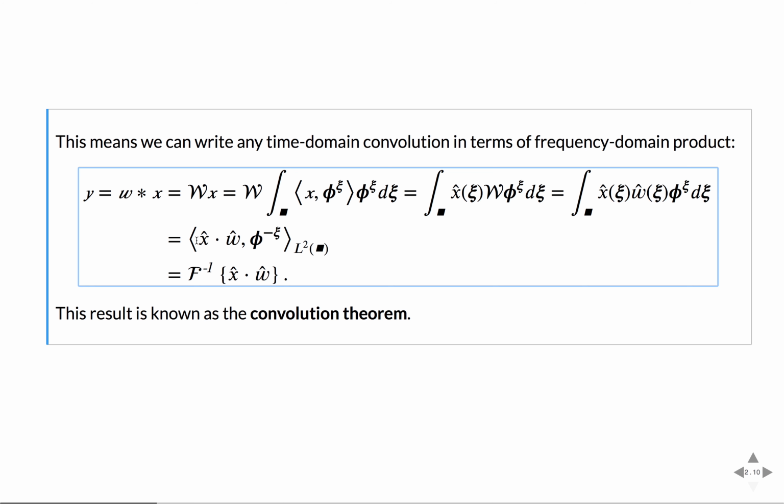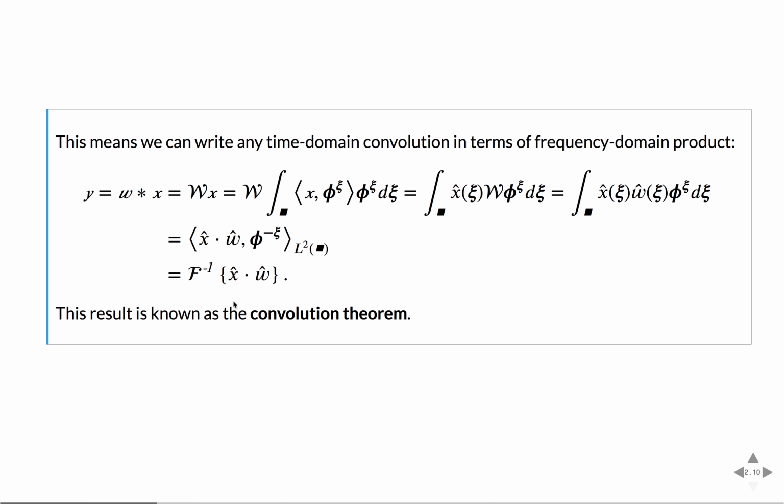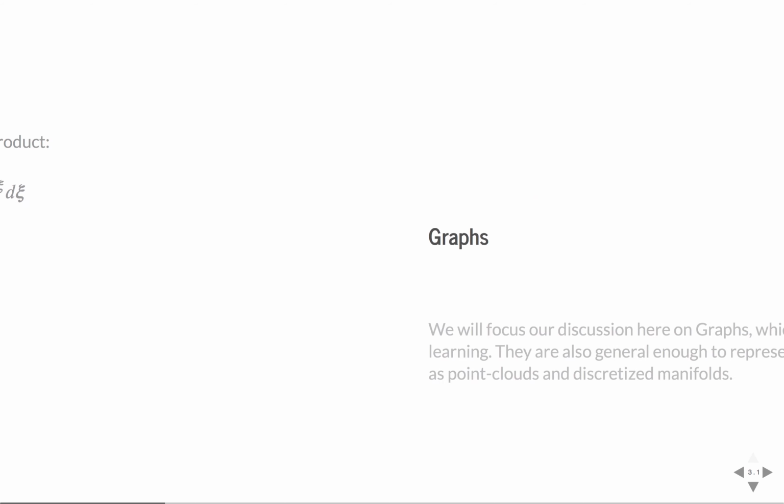So what you got here is an inner product in the frequency domain of the Fourier coefficients of your input and the filter. Okay, which you can write like that. So this is the convolution theorem. Just we wrote it in a more compact way.